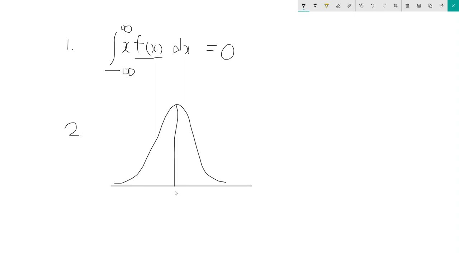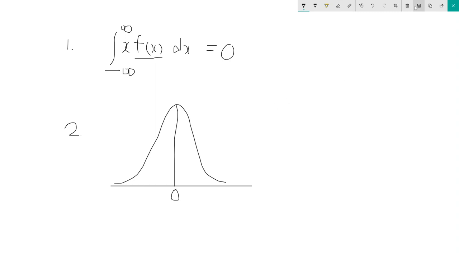Then the mean is not going to be exactly 0, but it must be very, very close to 0. This is another way. You can compute the mean of the standard normal distribution only if it's possible to generate or draw samples from the distribution, right?